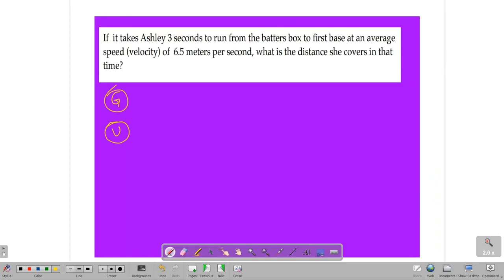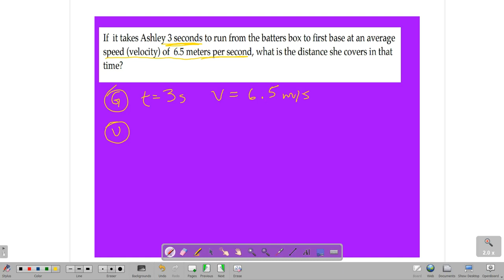All right, so it says if it takes Ashley 3 seconds to run from the batter's box to first base, so that's a given, right? Time is equal to 3 seconds. At an average speed of 6.5 meters per second. So that gives us the average speed or the velocity of 6.5 meters per second.